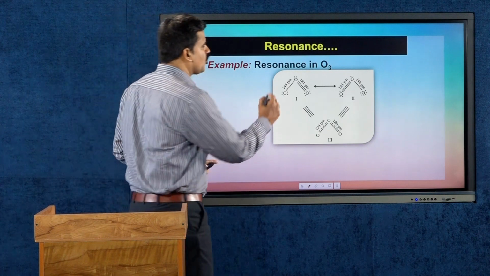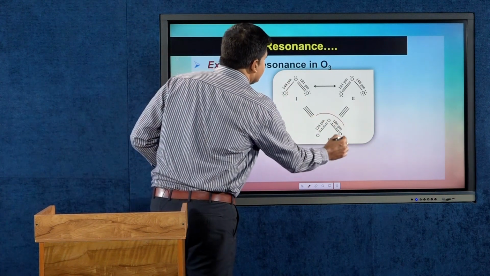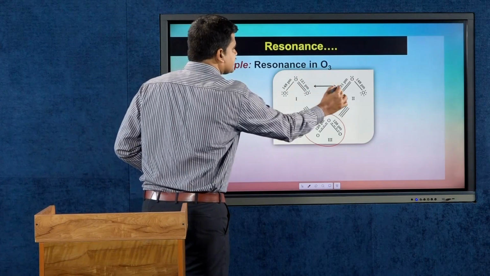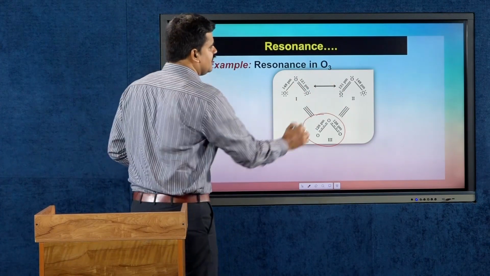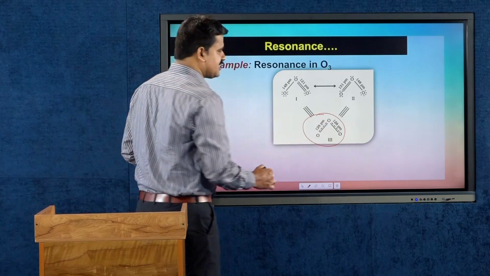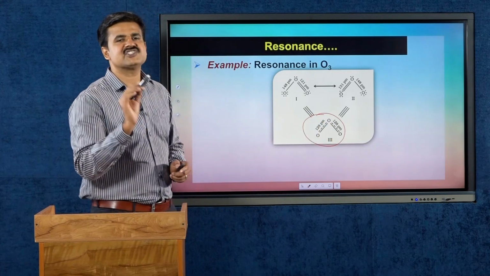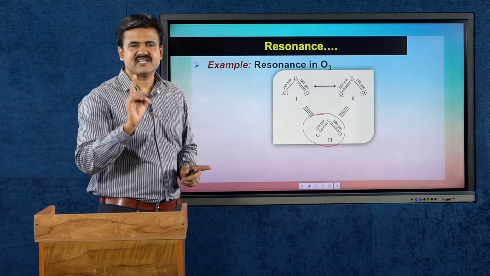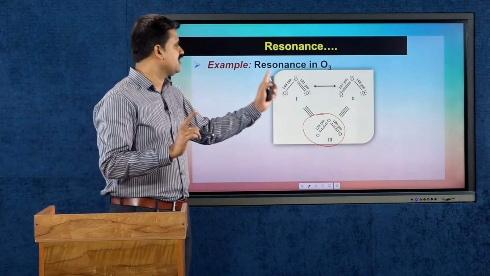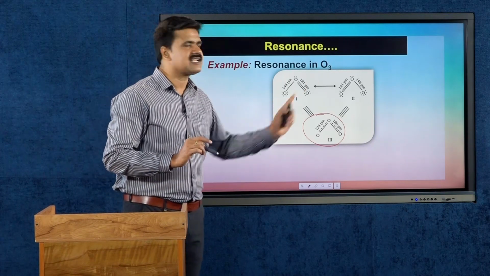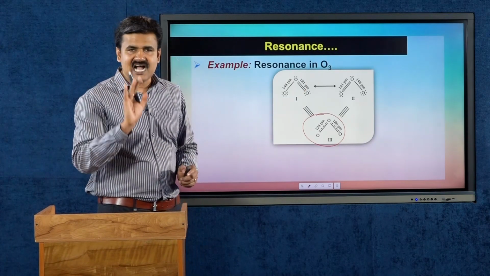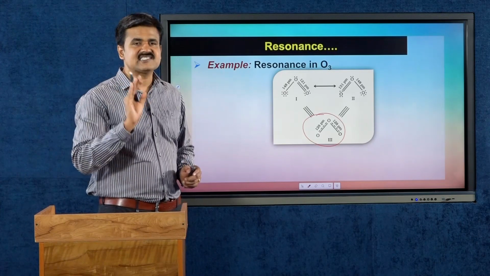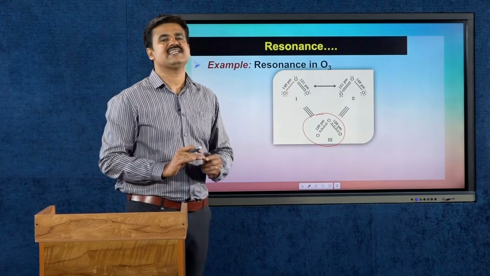The original ozone molecule can be considered as a resonance hybrid of the first and second structures. That is, between these oxygen atoms there occurs partial double bond character. So structure 3 is the resonance hybrid of the first and second resonating structures.